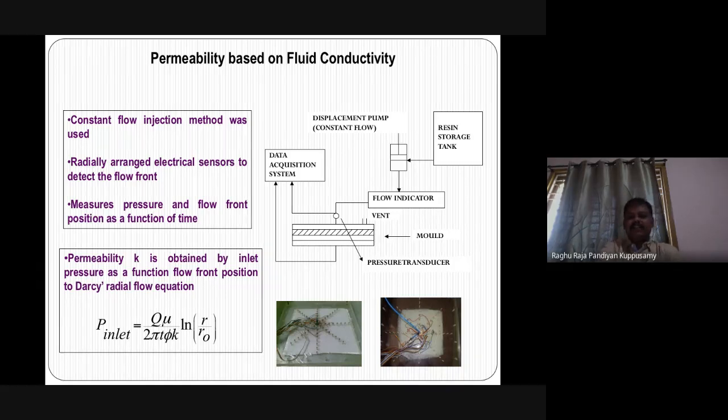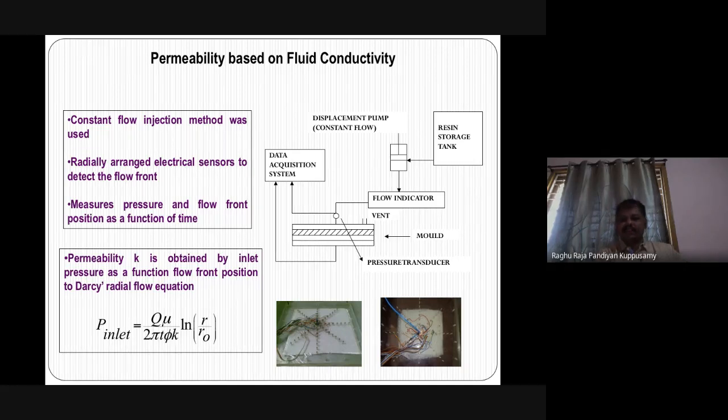If you look at the figure, there is a mold where you keep your fiber reinforcement mat within these two molds, and it has a vent point where you will have a pressure transducer as well as a constant flow pump. Moreover, the pressure change inside the mold as a function of time can be recorded using the pressure transducer.